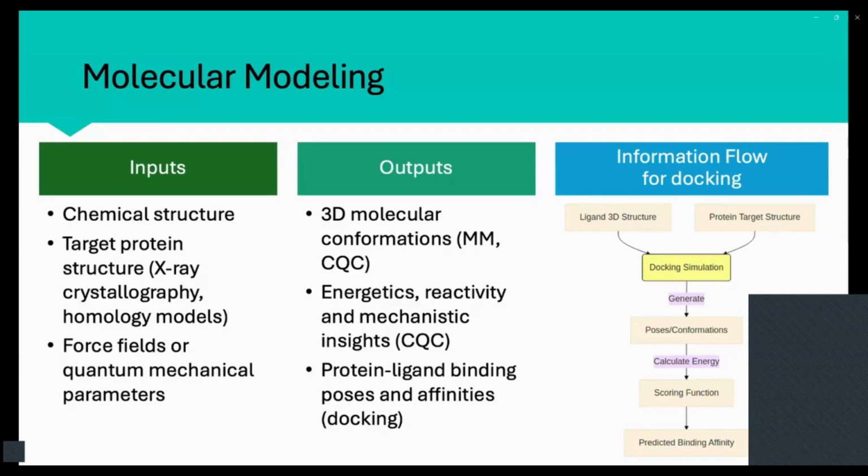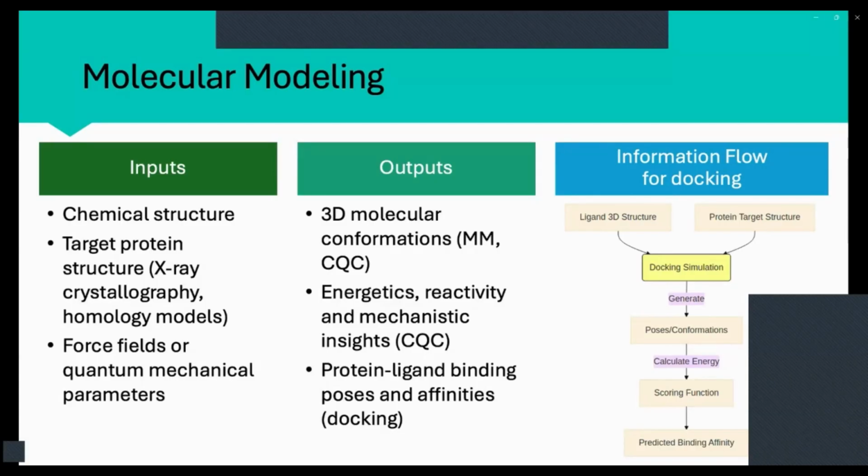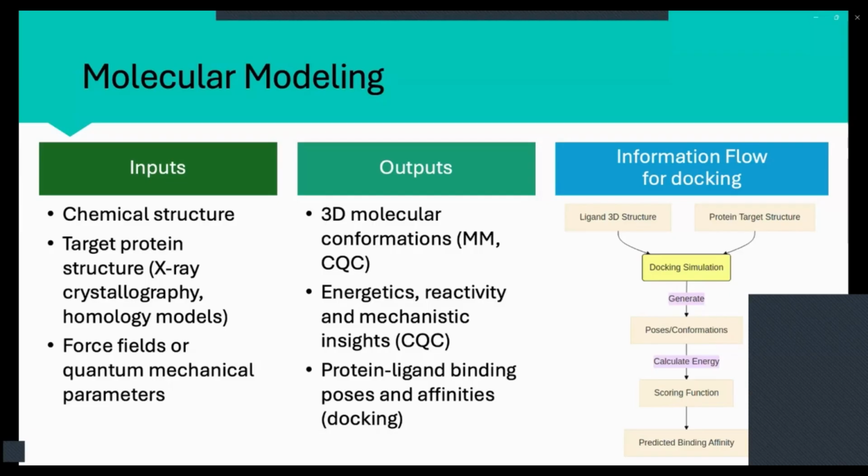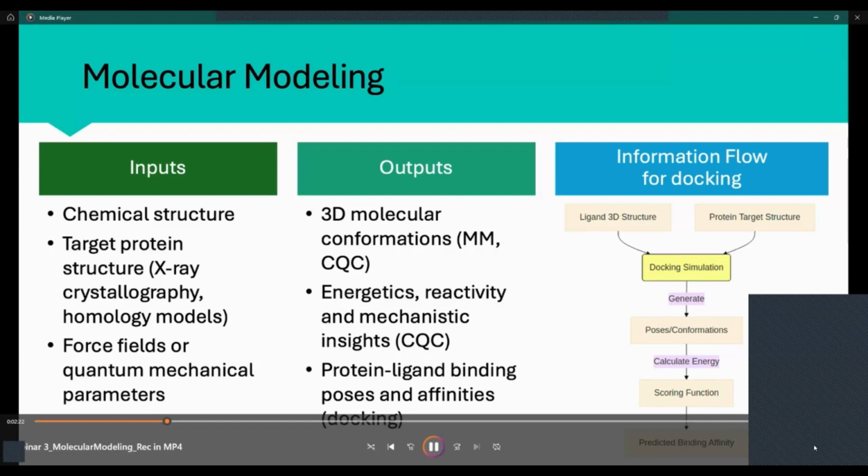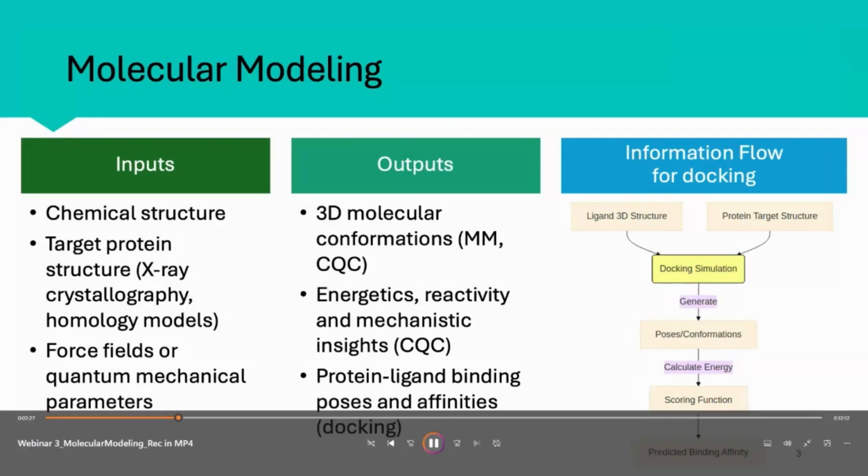The 2 principal outputs from a docking analysis are the binding poses of the candidate conformations and the affinities associated with those, essentially the docking scores.